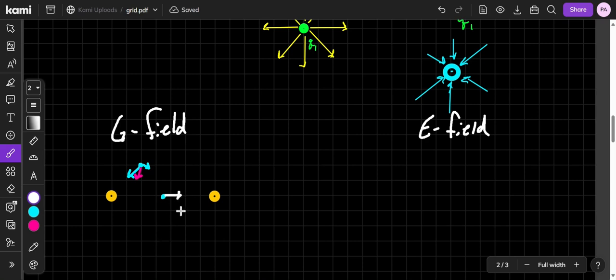And this mass is going to pull it in that direction. And if both masses are the same, and it's the same distance from both of them, what is the net force on this object? 0. Yeah.